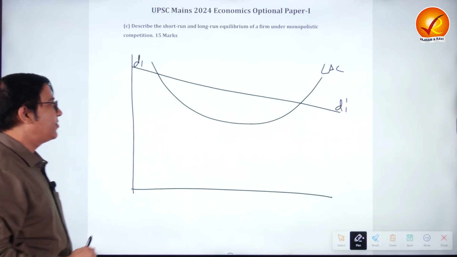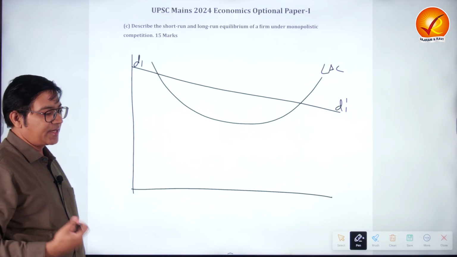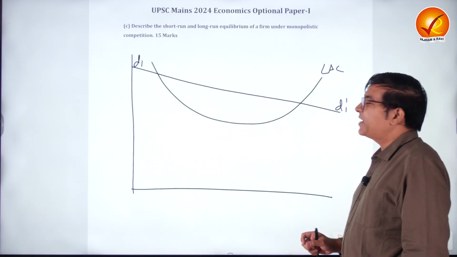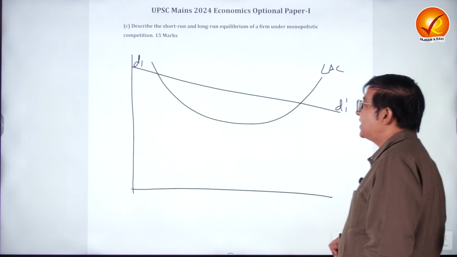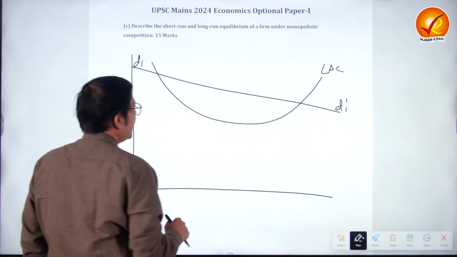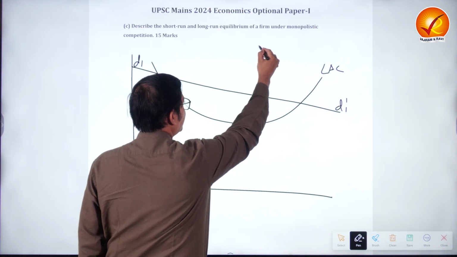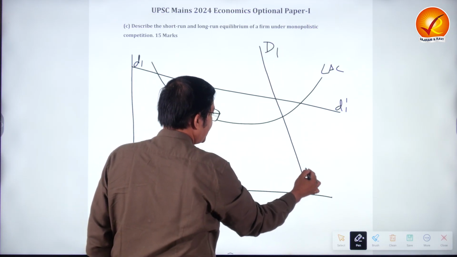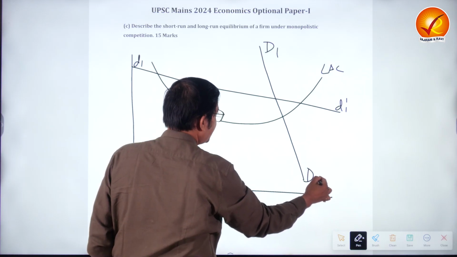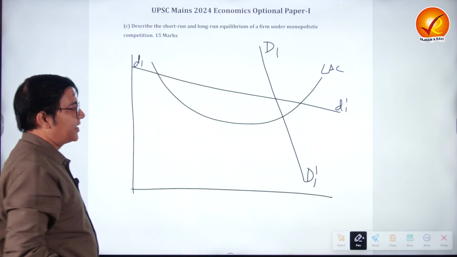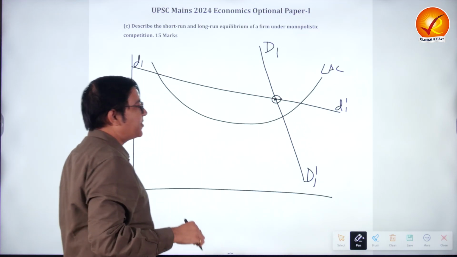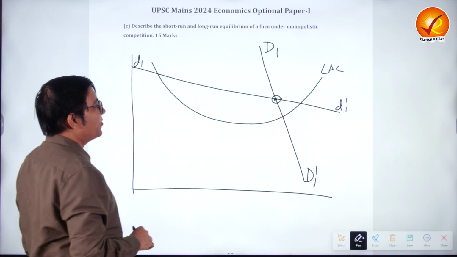I'm being a little quick because in the class I devote almost half an hour or more to discussing this graph. Here we have too many things to discuss, so I can't devote that much time. Then we begin with a situation where the proportional demand curve is somewhere to the right, and that is why the initial situation is here.